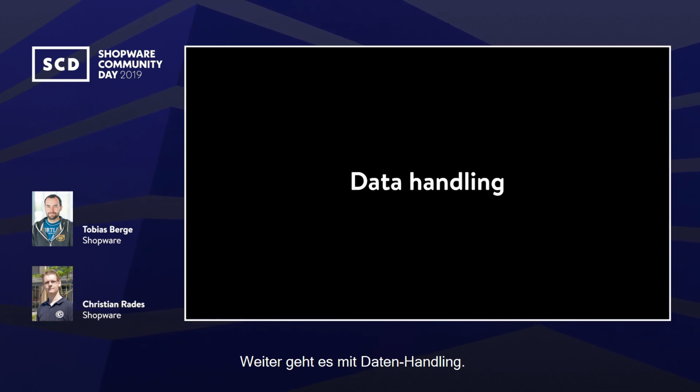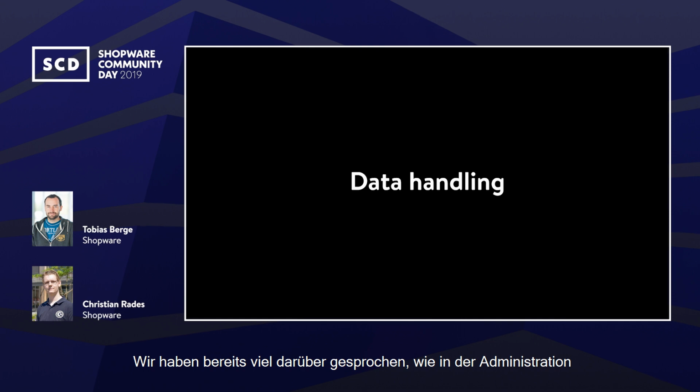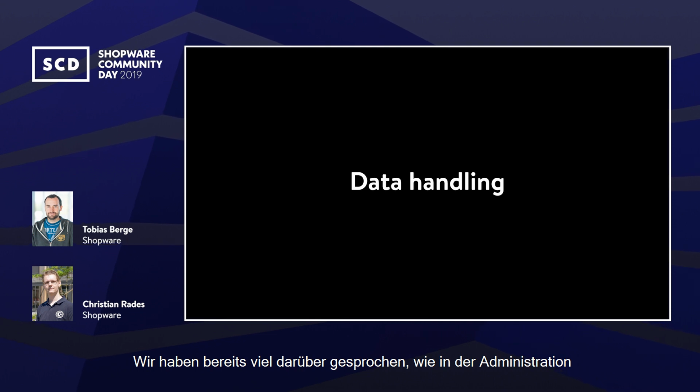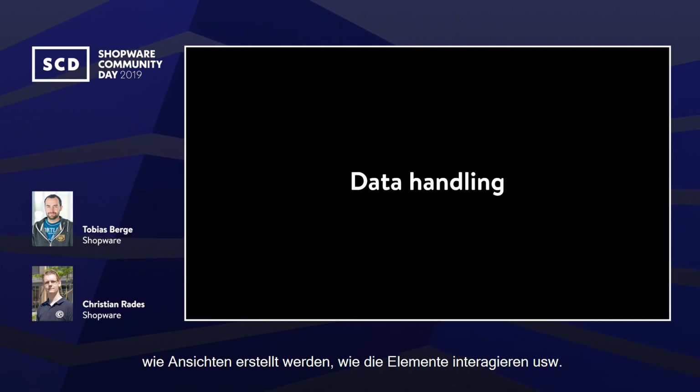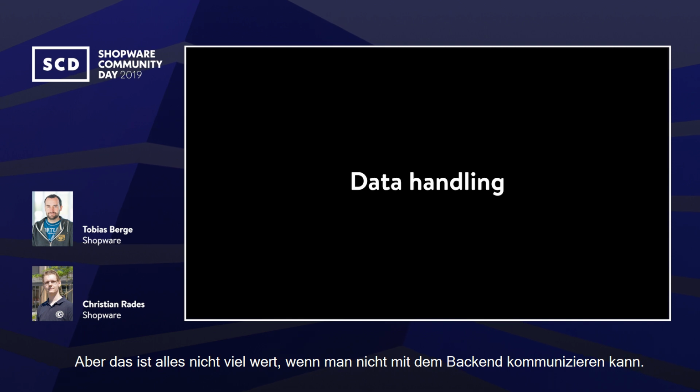Next up, data handling. Now we talked quite a bit about how the administration will handle the information it contains itself. Basically how views are built, how things interact, stuff like that. But it's all worth nothing if you can't actually talk to the backend.